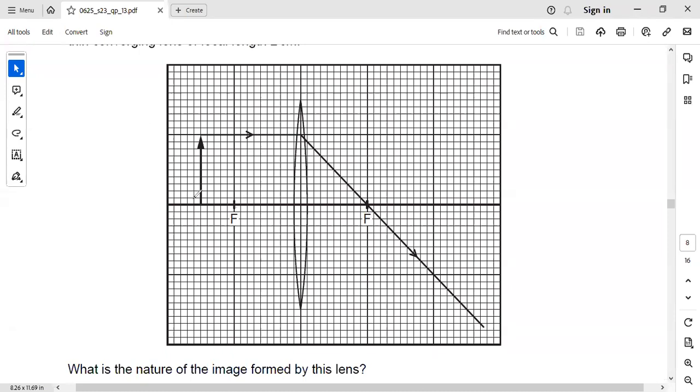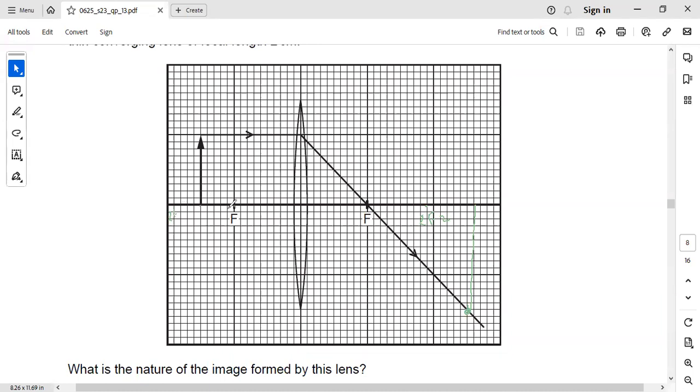So the object is here, between 2F and F, and the ray passes through this focus and somewhere here it creates an image. This image will always be inverted and beyond 2F.